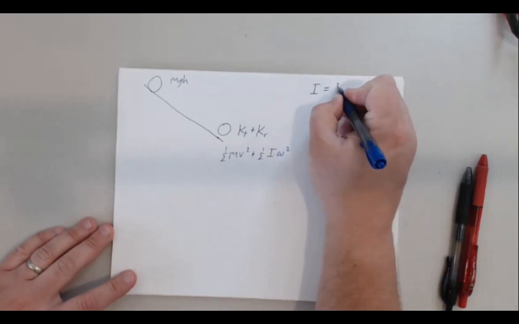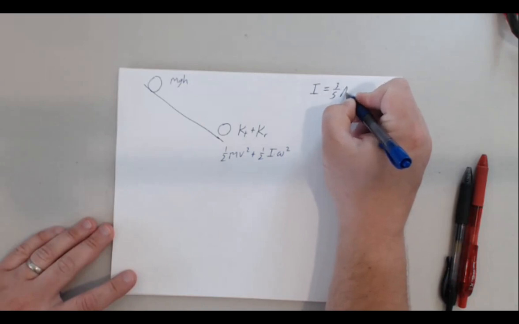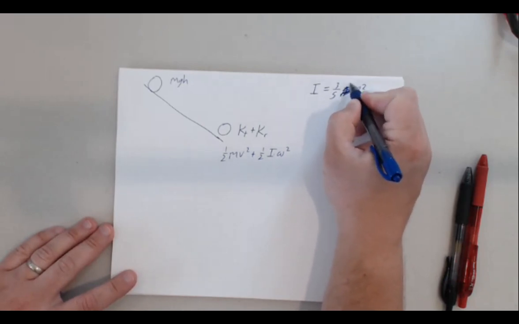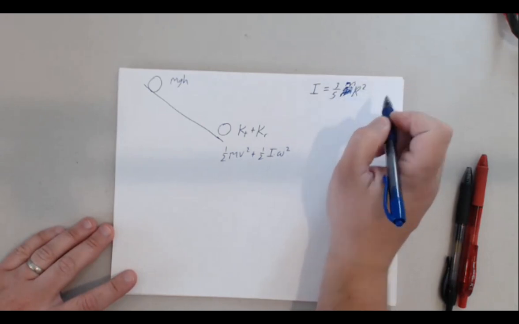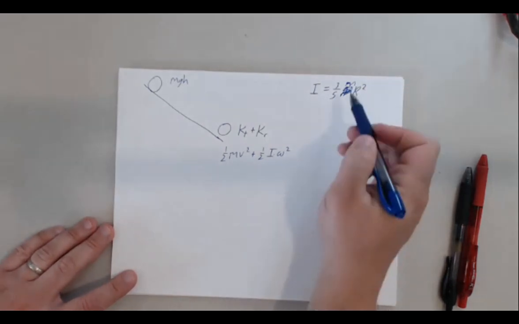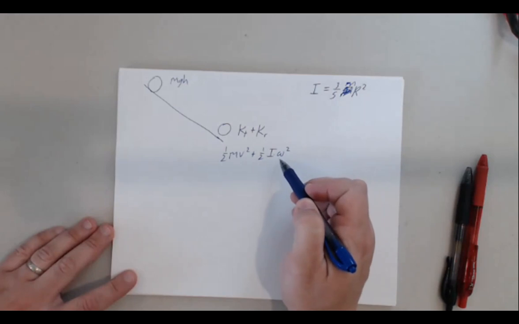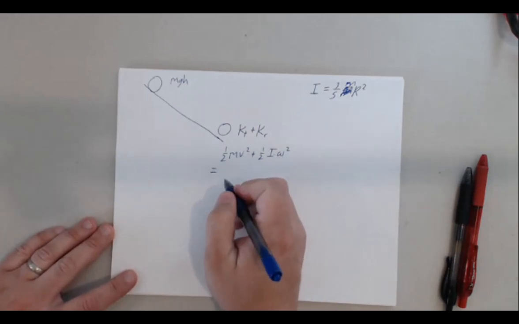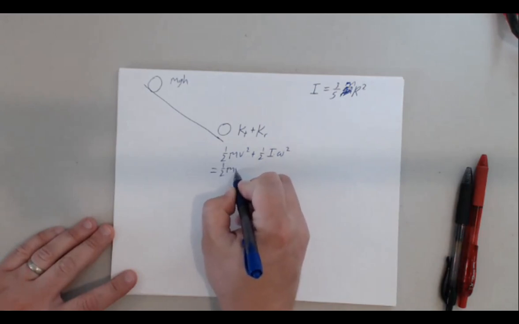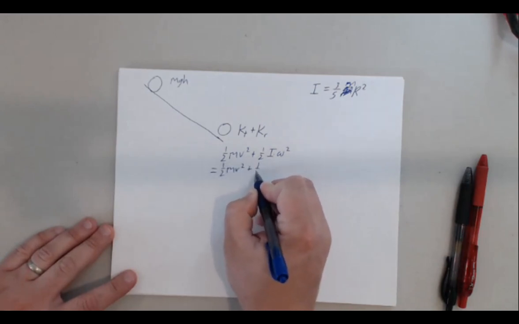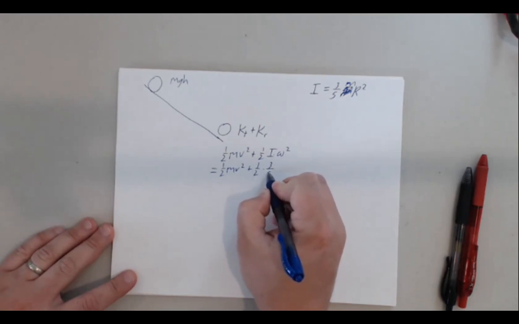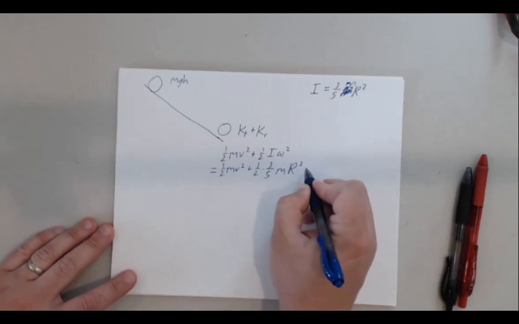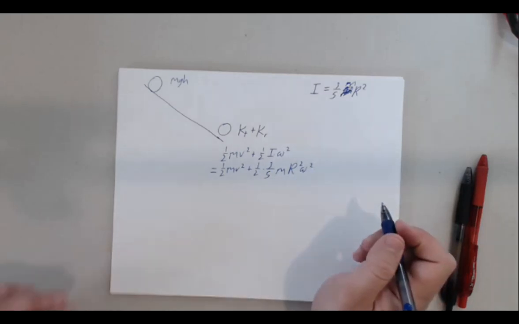The moment of inertia for a sphere is 3/5 mass times its radius squared. I'll use lowercase m because that's what we use somewhere else. Okay, what happens if I put that in here? Well, I've still got the 1/2 mv squared, but now I've got 1/2 times 3/5 mr squared omega squared.